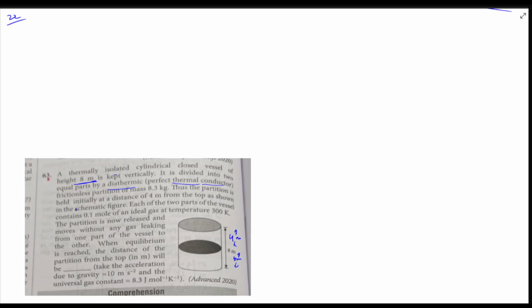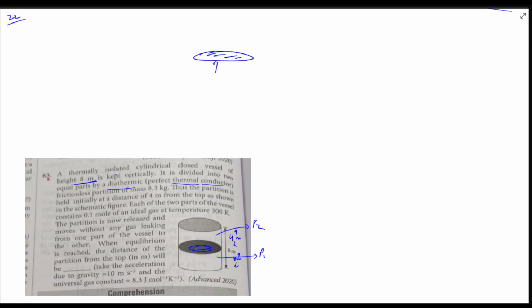Each of the two parts of the vessel contains 0.1 mole of ideal gas, so N is same in both. The partition is now released and moves the gas on one part. Equilibrium is reached. Okay, this is simple. Look, this partition has some mass, so if you release it, it will start to go down because it has mg.